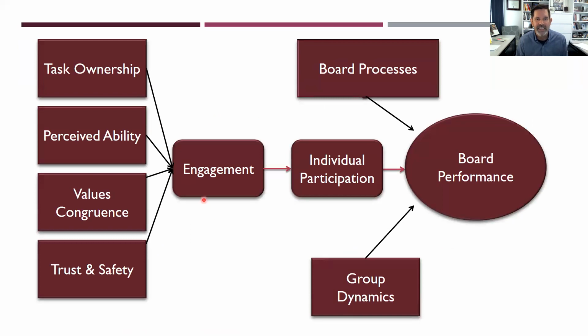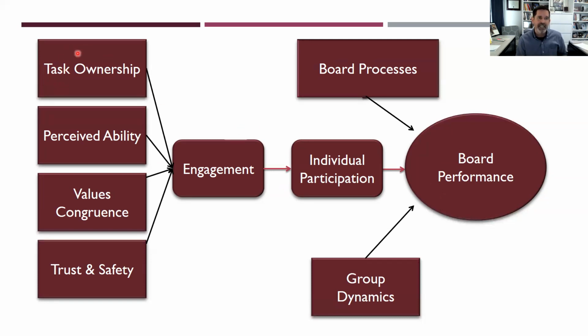The key idea is that we're looking for board members to be engaged because we believe, and the initial research is supporting that as well, that engagement leads to individual level participation. That individual level participation contributes to the overall group level participation. So this is a multi-level measurement tool where we've got a lot of individual measures.